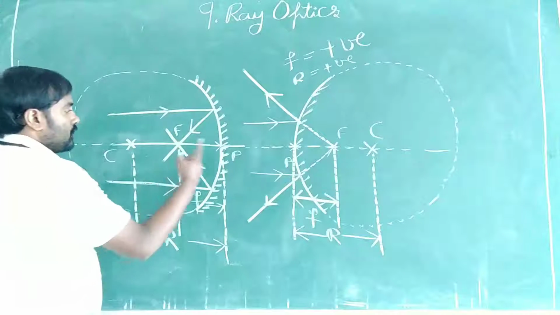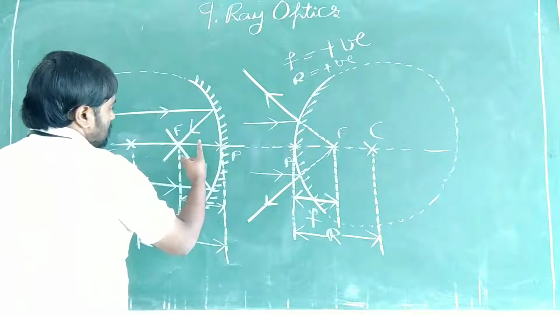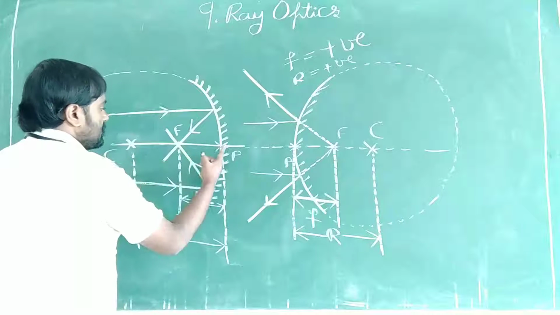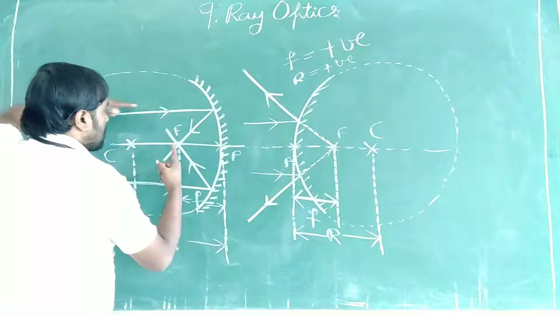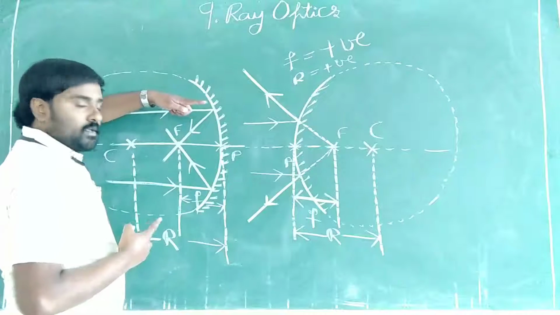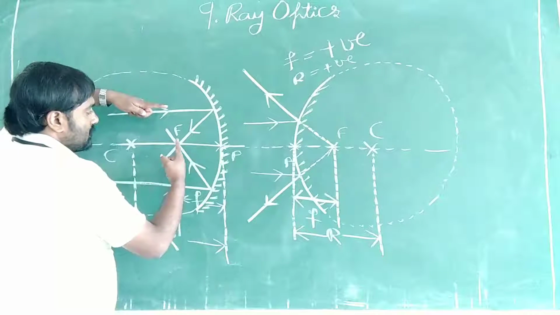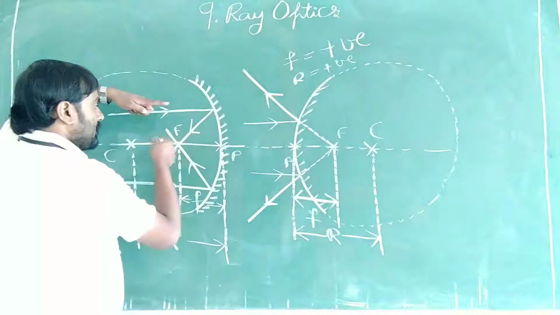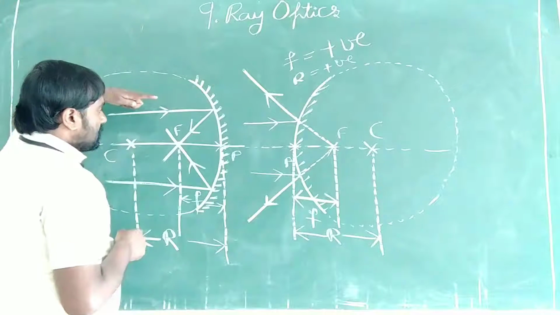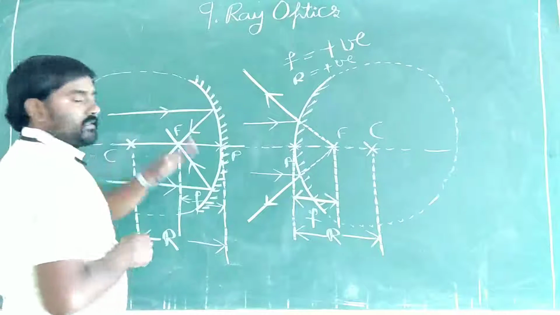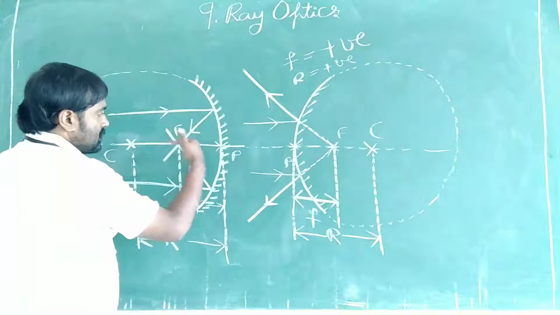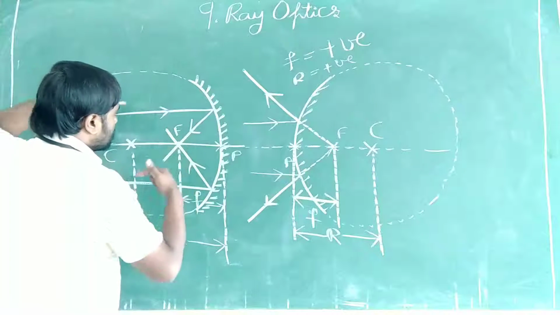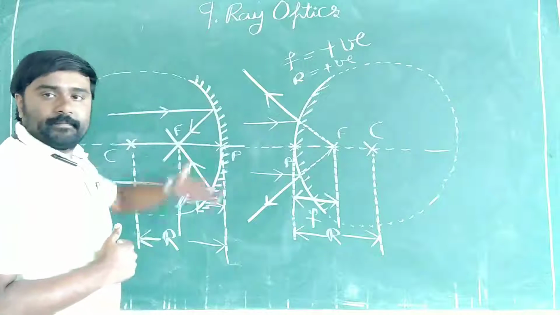Pole to focus is from right to left, while the direction of incident ray is from left to right. So this distance is opposite to the direction of incident ray.